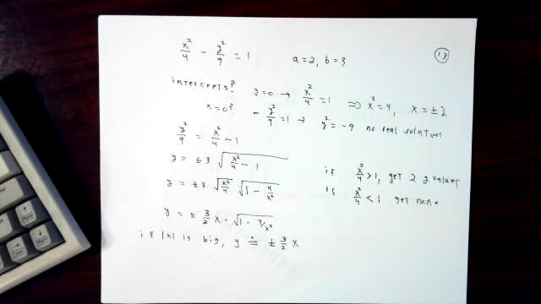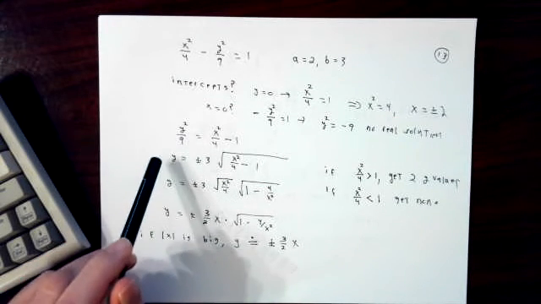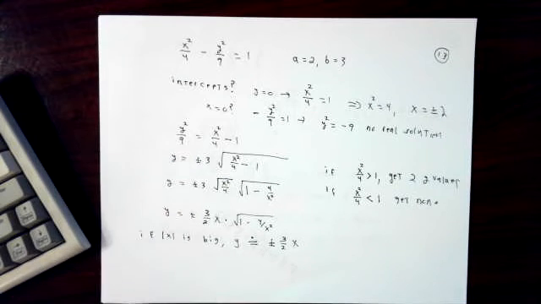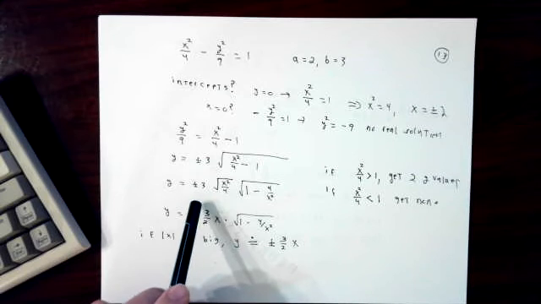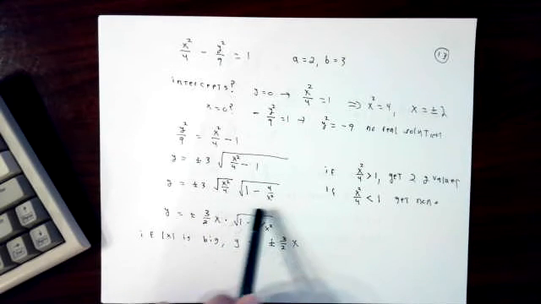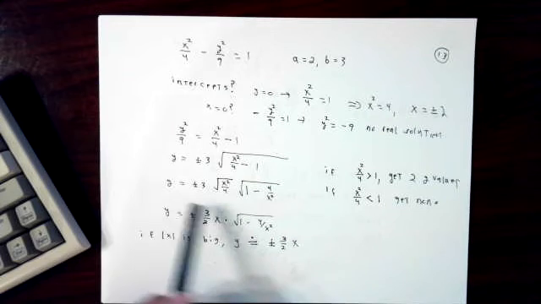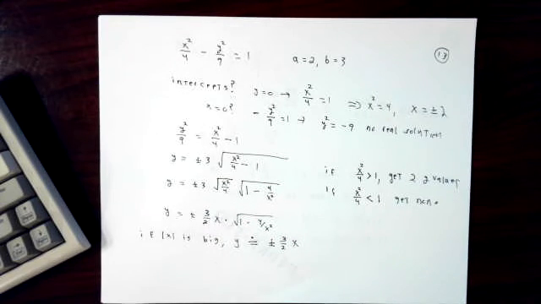I want to think of this in a slightly different way. I'm going to get the y by itself, and then I'm going to factor up the inside here. I'm going to factor x squared over 4 out of it. So y is either 3 times the radical of x squared over 4 times the radical of 1 minus 4 over x squared, or the negative of that.